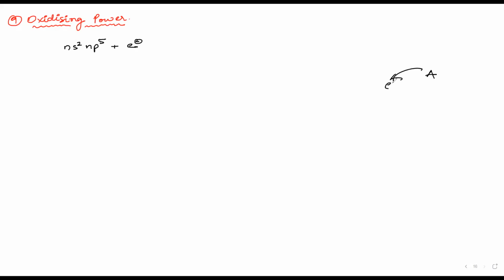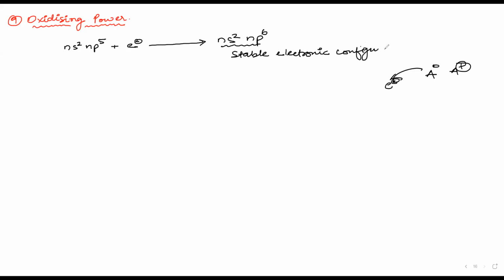If it is zero state, it will become positive, right? So this halogen should have the tendency to accept electron, and as it accepts electron, it will act as oxidizing agent. It will have the configuration ns2 np6. This is noble gas configuration, stable electronic configuration.